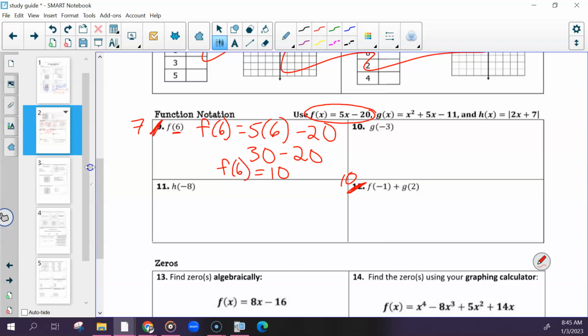And then you have to write your final answer as one of two ways: f of 6 equals 10, or f of x equals 10. Either of those, you don't need both. Questions on that before we do 10?